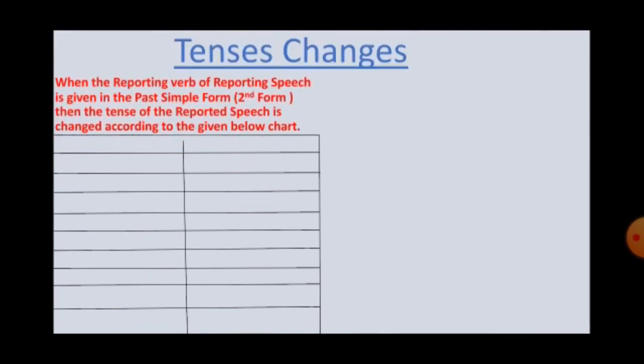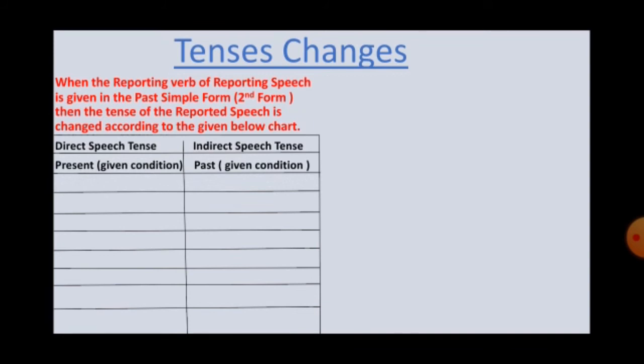Here comes our second change, tense changes. If we are given a second form in the reporting speech, for example, in direct speech, we change the tense of the reported speech according to the given tense.